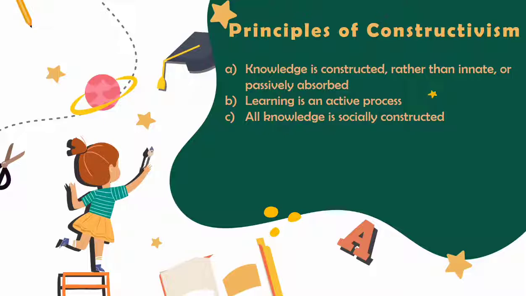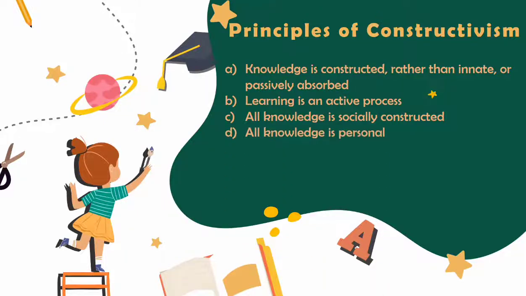Thus, all teaching and learning is a matter of sharing and negotiating socially constituted knowledge. And also, Vygotsky stated that cognitive development stems from social interactions, from guided learning within the zone of proximal development as children and their parents co-construct knowledge.